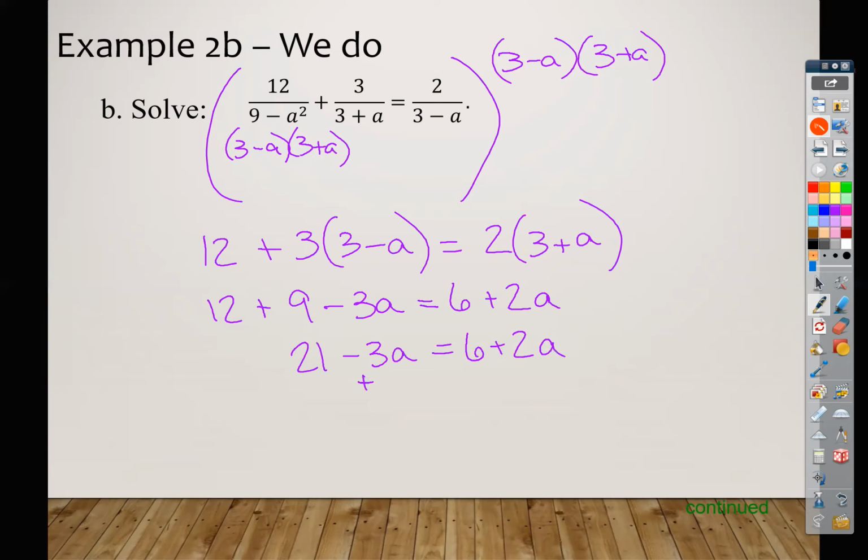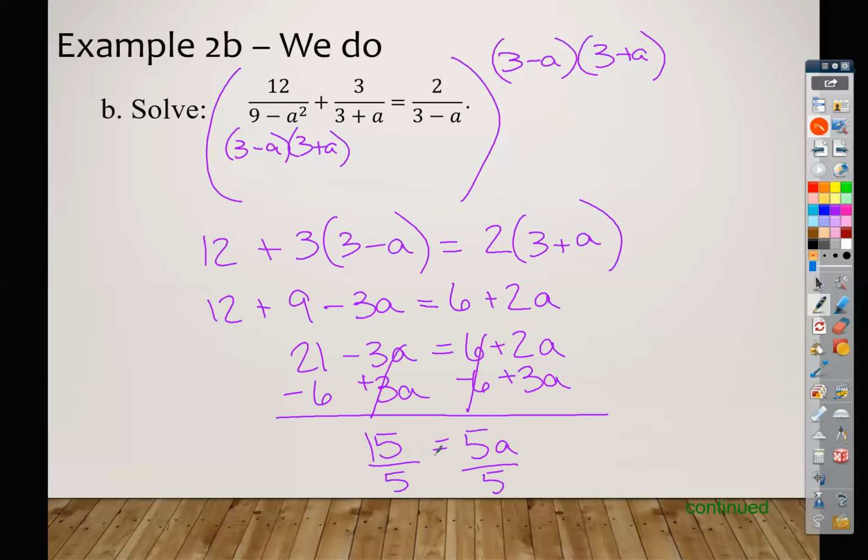So I'm going to add 3a to this side, and I'm going to subtract 6 from both sides. So I would get 15 equals 5a, divide by 5, and I would get a equals 3.